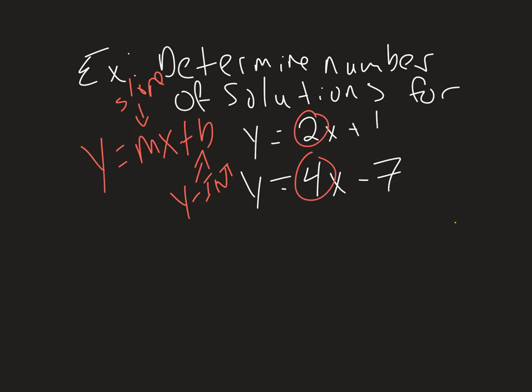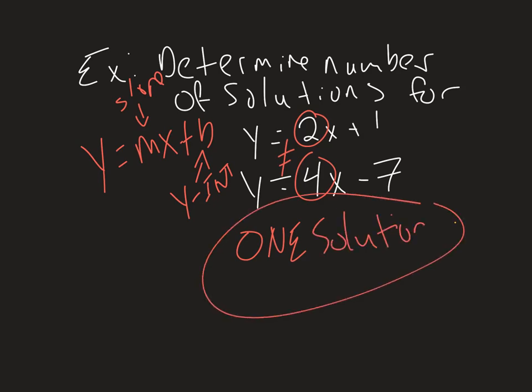Because these slopes are different, meaning they're not equal, I can say that this is only going to have one solution. Meaning that when I do solve this system, there will only be one particular coordinate where these two lines have the same value. They will only have one that they share.